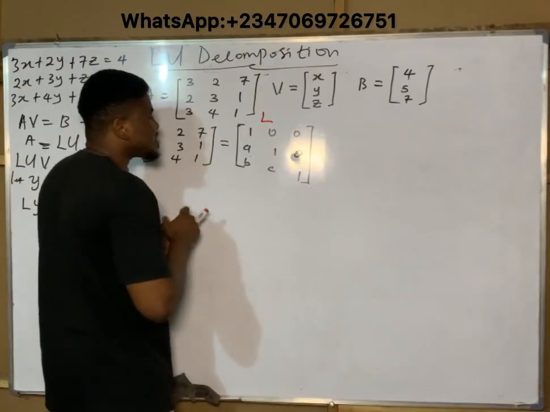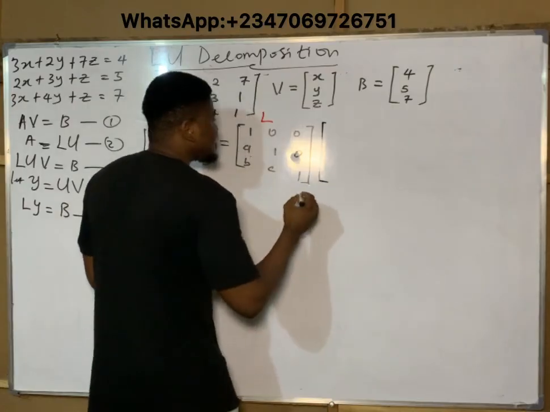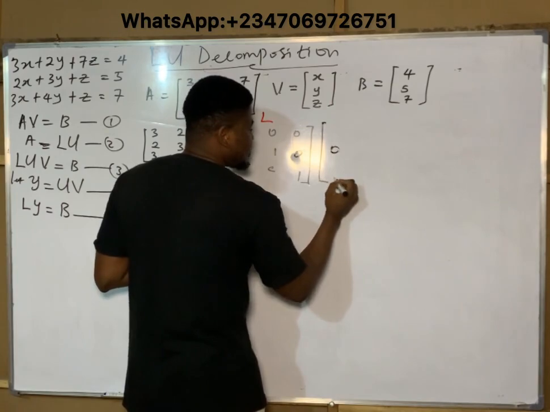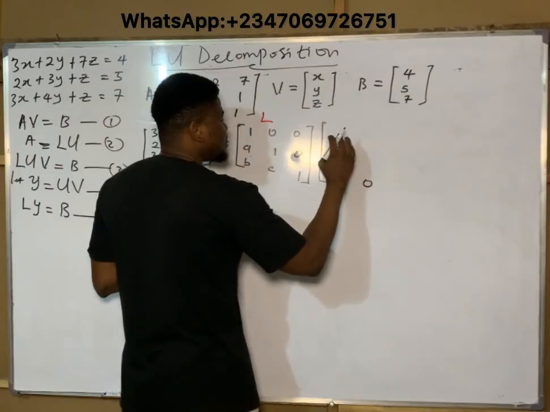Now, this lower matrix is multiplied by the upper matrix. For the upper matrix, the lower elements are 0, 0, 0. But now we fill up the upper matrix with unknowns.